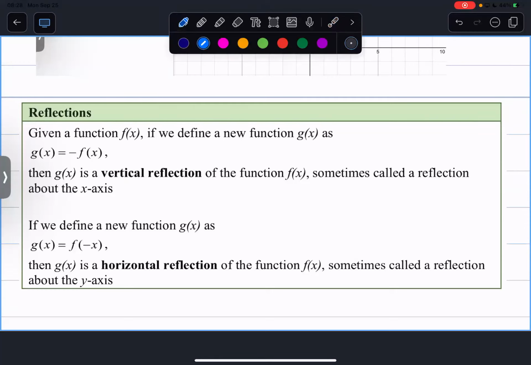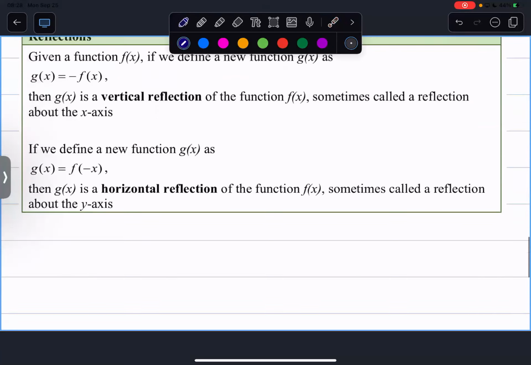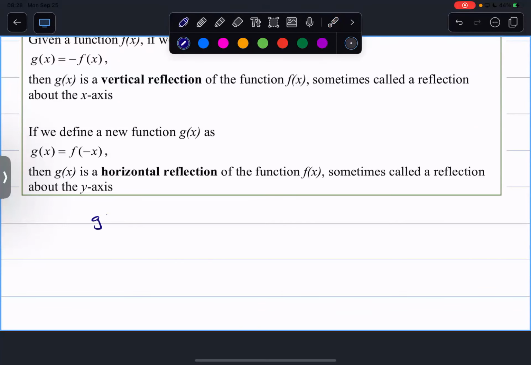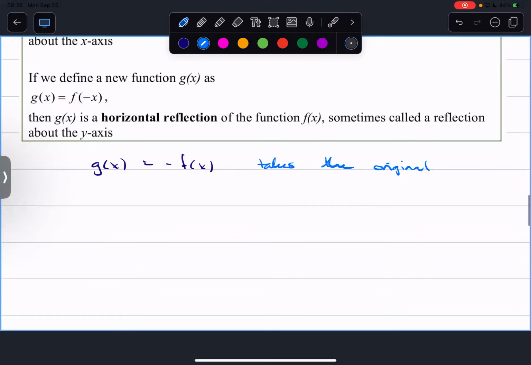So here, if I have g of x is negative f of x, this takes the original output and makes them negative.